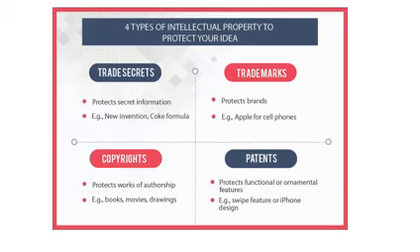See, four types of intellectual property to protect your ideas. Invention is nothing but an idea created in our mind. That idea will be produced as a product by the use of resources by the human.